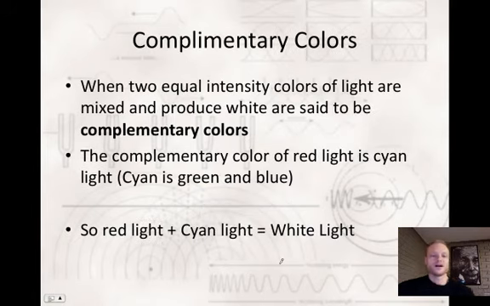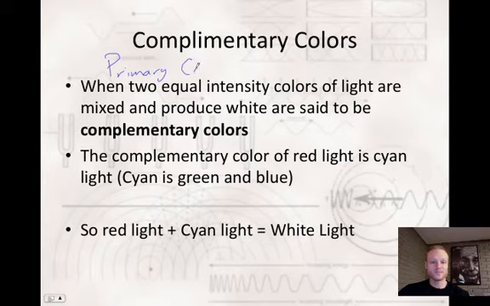Another way you can get white light is by mixing a primary color, which can be red, green, or blue, with a secondary color. It has to be a specific combination, and I'll explain why in just a second.